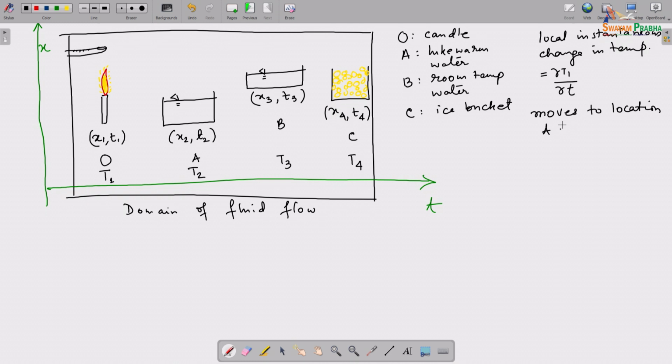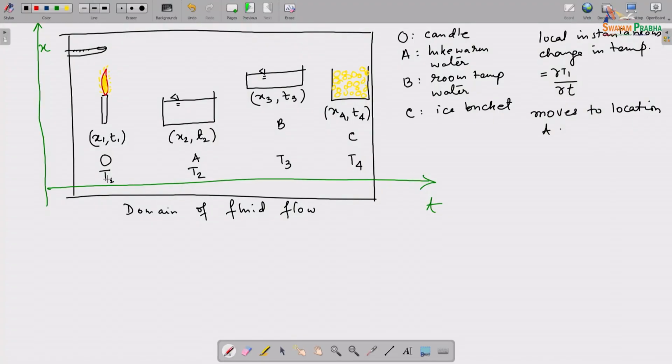I move there, and I thrust my finger into this tank of lukewarm water. There is going to be a change. So, what will be that change?